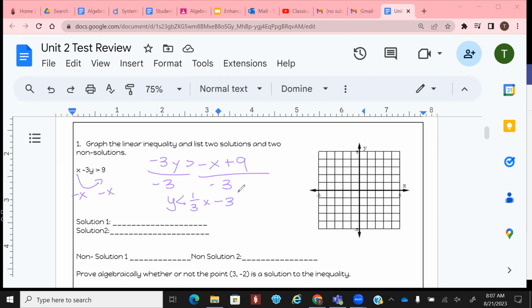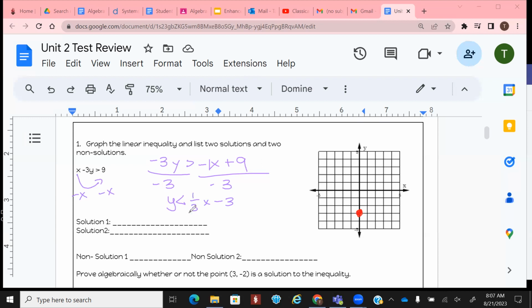Okay. Yes. 1/3. Because this is -1 right here. And then divide by -3. Yeah. Okay. Now, when you graph this, you're going to take your y-intercept and you're going to plot it. So 0, -3.